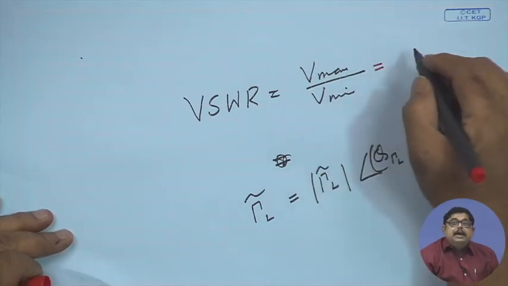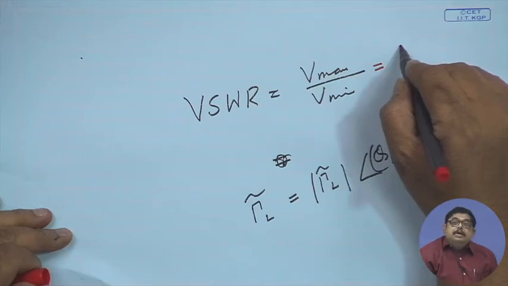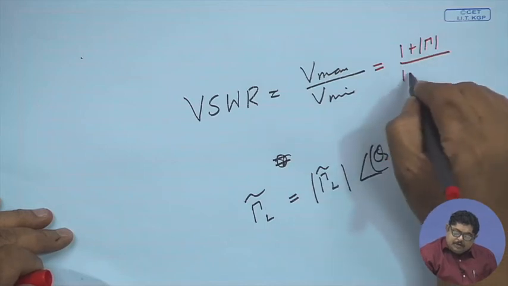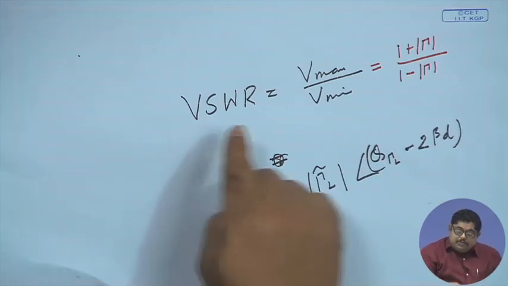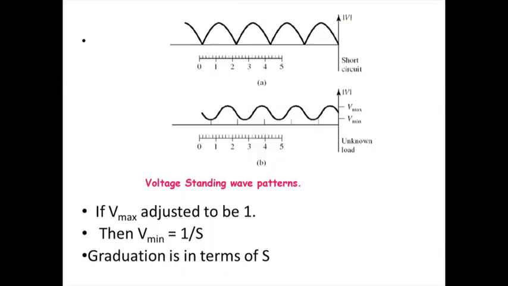Now we are finding that in any general transmission line, it is related to the reflection coefficient as 1 plus the reflection coefficient's magnitude by 1 minus the reflection coefficient's magnitude. So, VSWR, which we said is constant along the line, is also related to the reflection coefficient. As we know from our Smith chart knowledge, it is also related to the impedance. So, from this we can always find the unknown impedance if we know VSWR, and it is a measurable quantity.